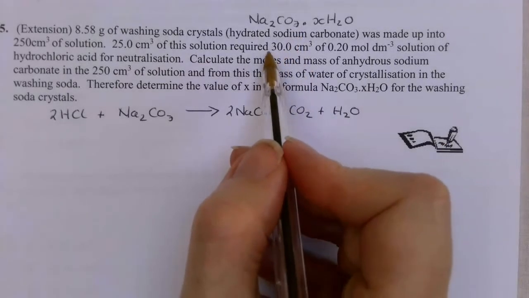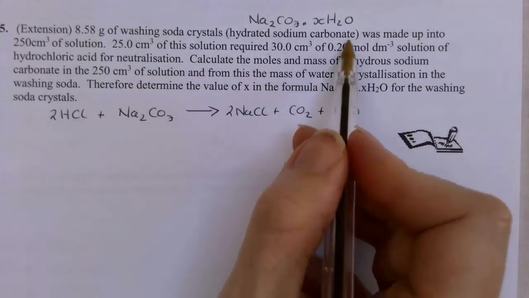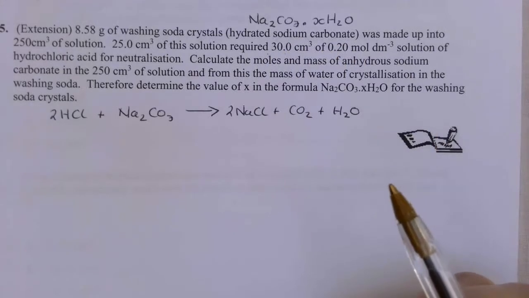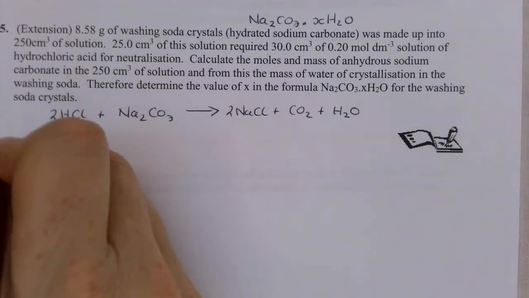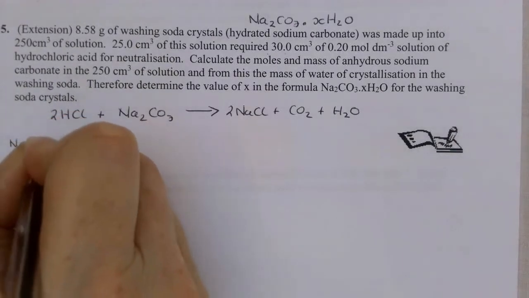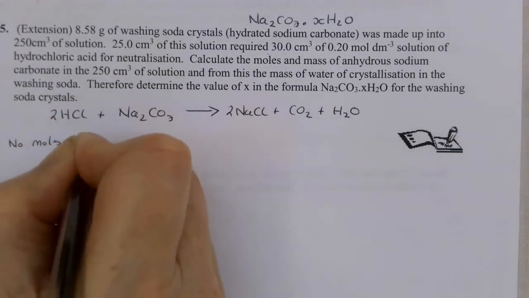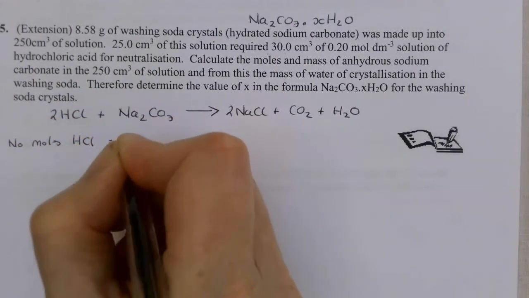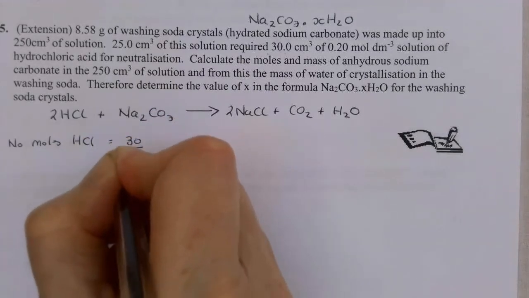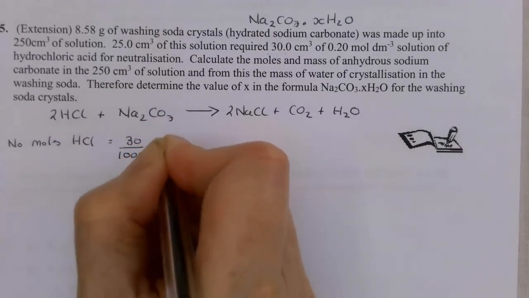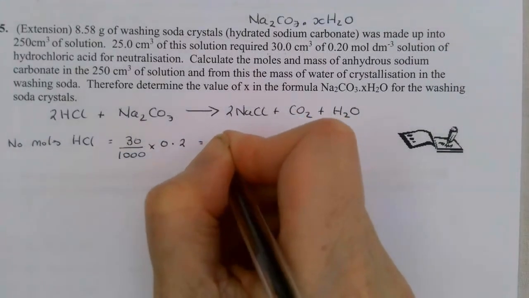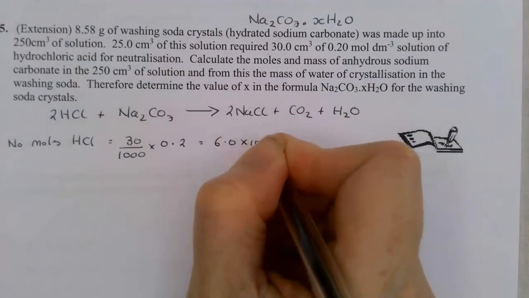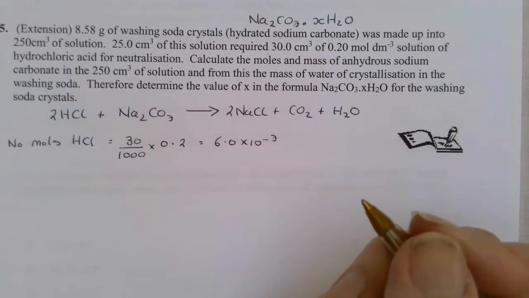So we know from reading the question the volume and the concentration of the hydrochloric acid needed to neutralize just this sodium carbonate. So I'm going to work out the number of moles of the hydrochloric acid, and that's going to be my volume, 30, divided by 1,000 times my concentration, which is 0.2, so I get 6.0 times 10 to the minus 3.